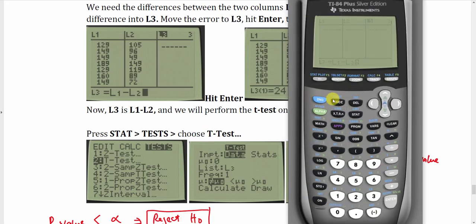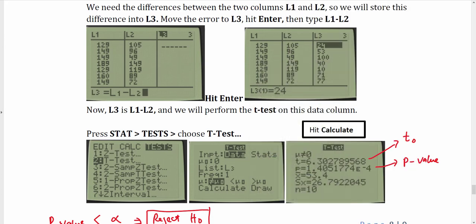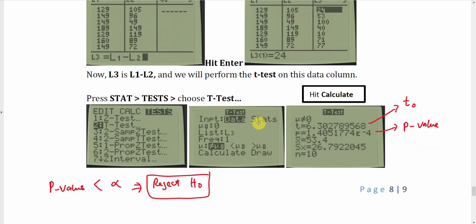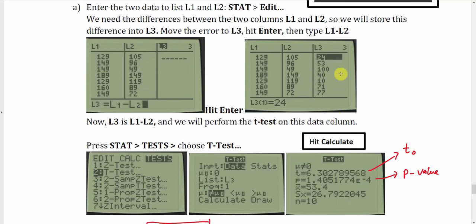So again, start and right arrow to test, and then pick the t-test. This is the t distribution, so use the t-test. Once you hit the t-test, you see that we have two options. Either we use the data or we use the stats, the statistic. But we have the data here. We have the data stored in L3.